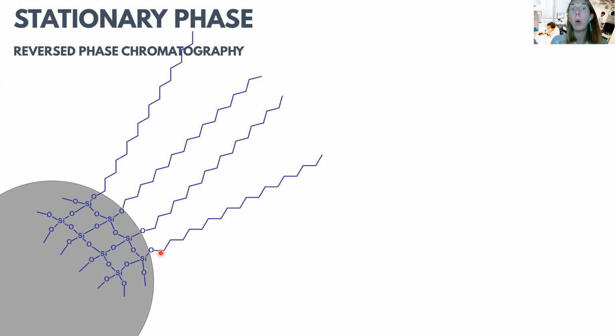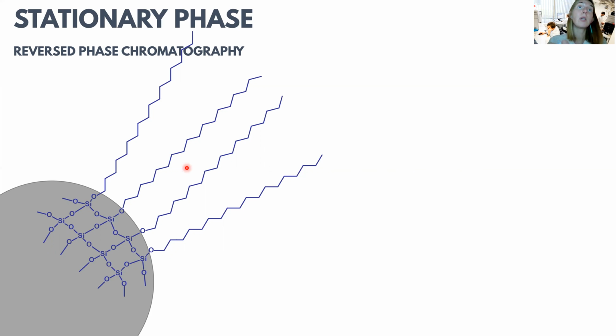So most commonly, we use something which is called C18 reverse phase chromatography. That means that the silica particles have been reacted so that the silanol groups have been converted into alkyl chains that have 18 carbons.